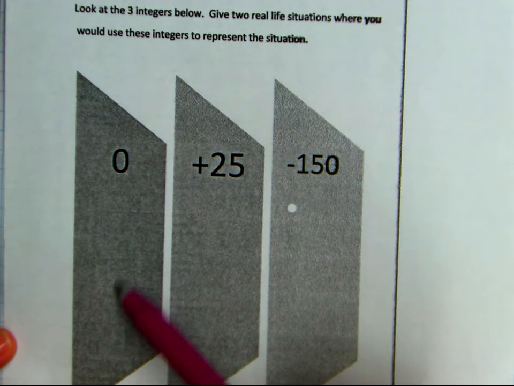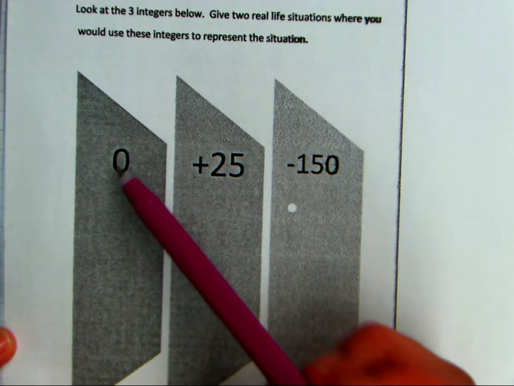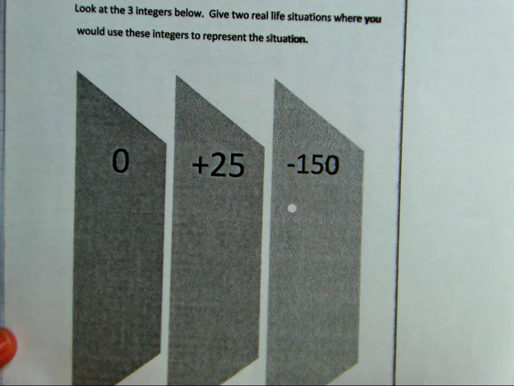So for each one of these, you're going to write 2. For example, like we already stated, for 0, you could put sea level. You could put freezing point of water. Any of those things. A 0 bank balance. So you're going to give me your examples. They can be ones that we've already given, or you can make up your own. Try to be creative, but really think about what is an integer, what's a positive or negative number, and how does it work in the real world.